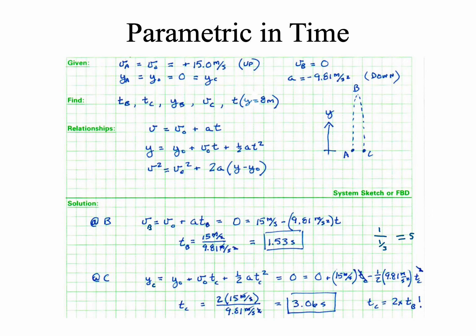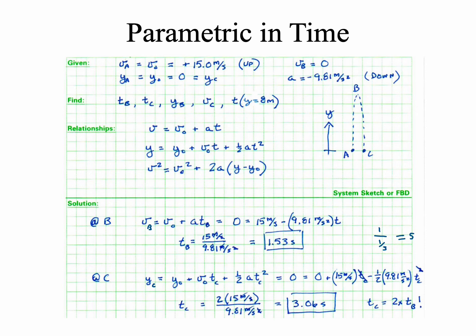And so, as we said, the problem is parametric in time. Both position and velocity depend on time. And since we want to get position and velocity at points B and C next, let's figure out what the time is at position B and at position C. And so at B, if I use the first constant acceleration equation, I know that the velocity at B is 0.